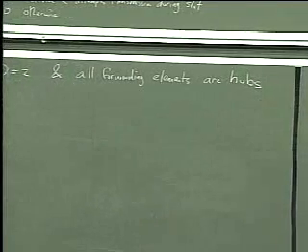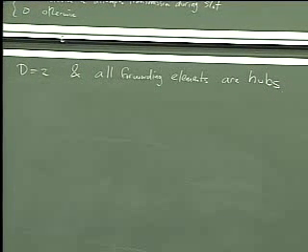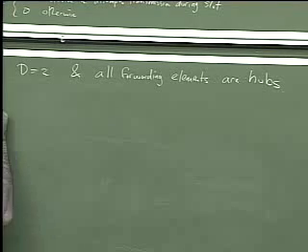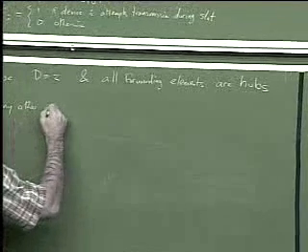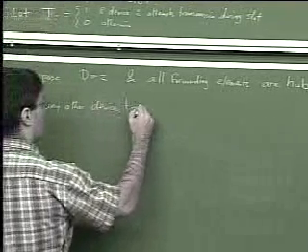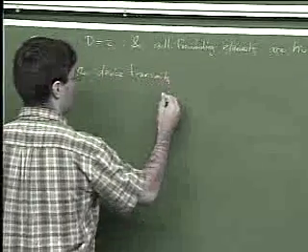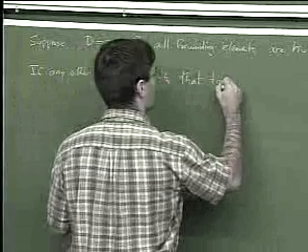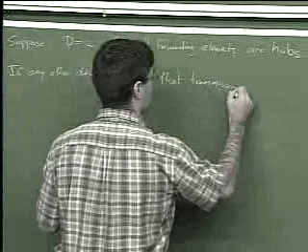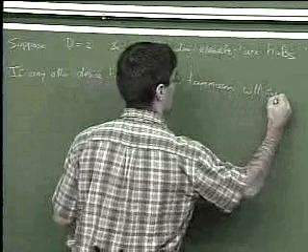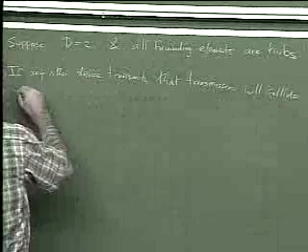What has to be true about the transmissions of other devices in order for device 1's transmission to be successful during this slot? Yeah, no other devices can transmit. If any other device transmits, that transmission will collide with device 1's transmission.